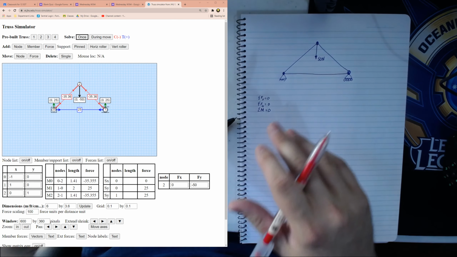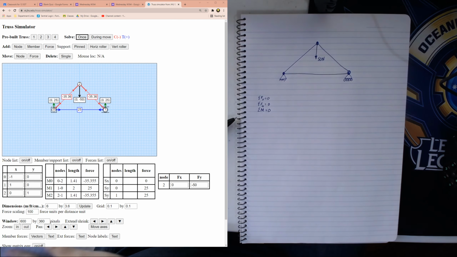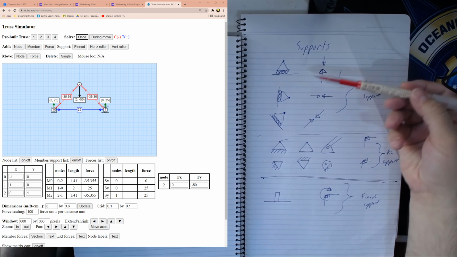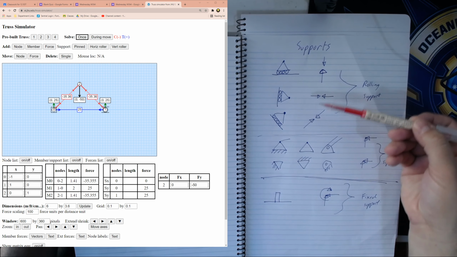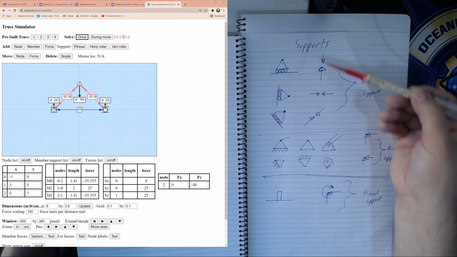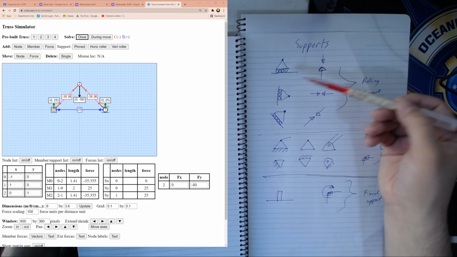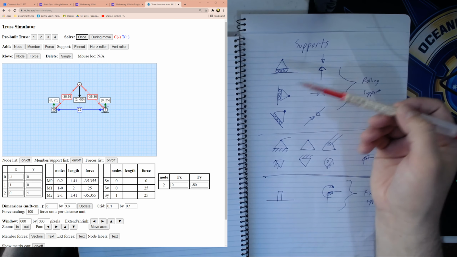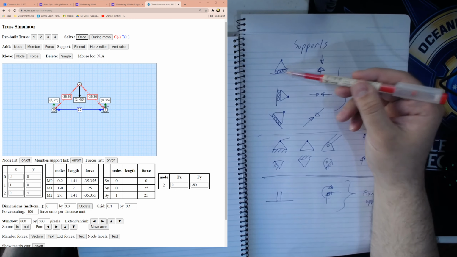So we're going to go to our information where we were talking about our supports. If we go back to our page where we're talking about our supports, we know that our supports have their own reaction forces in there, where rolling supports have either a force vertical or horizontal. Has a force that's perpendicular to the motion. Notice this one over here, it's perpendicular.